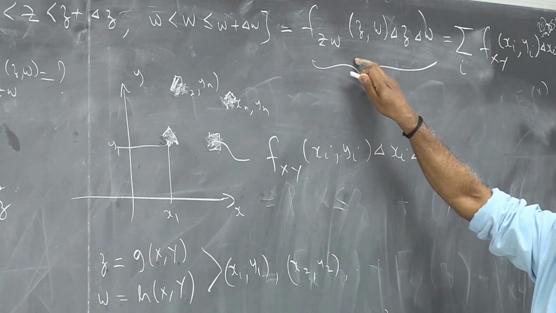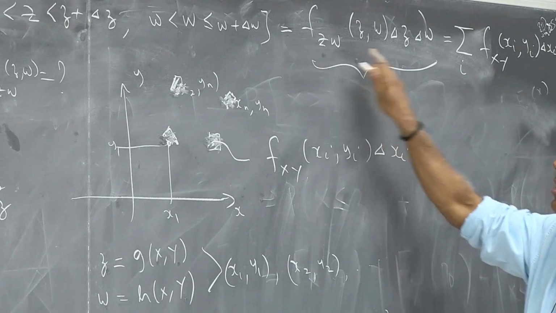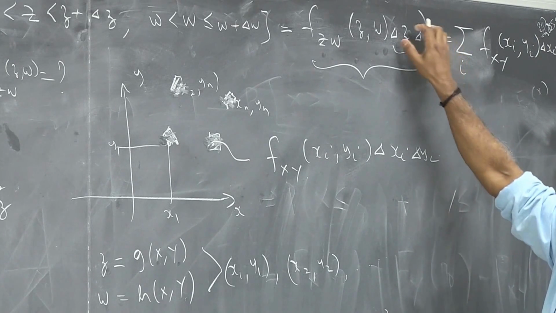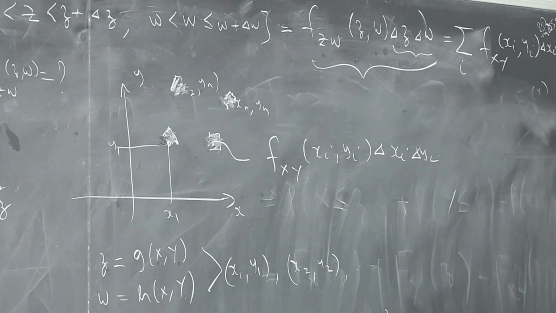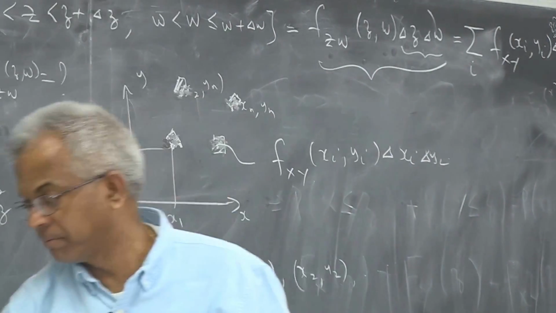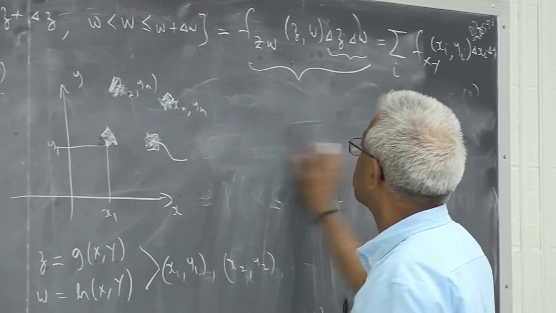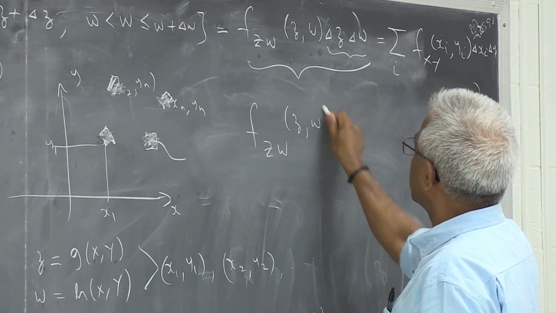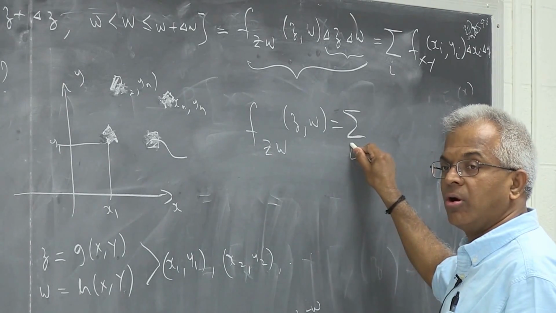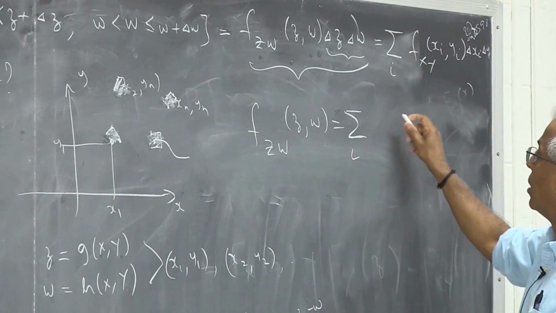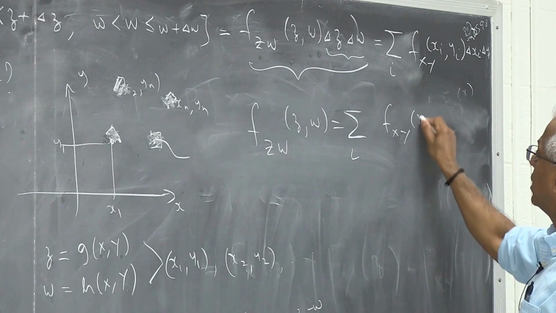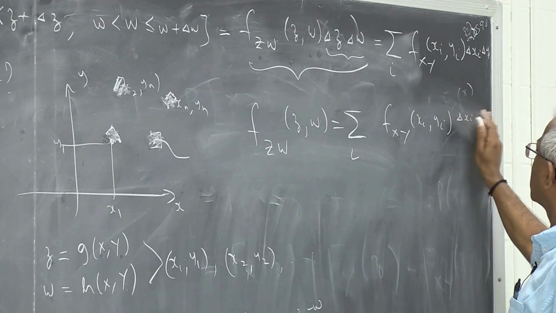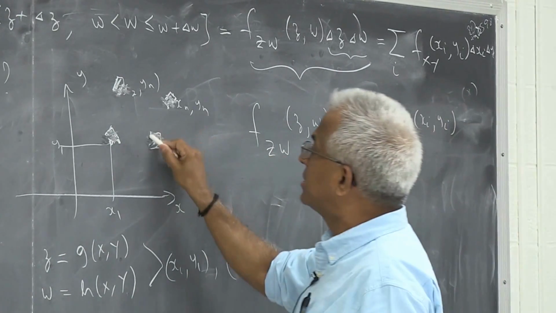So we are almost there. What we are looking for is this density function. So you bring in this infinitesimal area and put it underneath this. So from here you get f_CW(C, W) is the summation over all solutions of f_XY(xi, yi) times delta xi delta yi, or more importantly, this may not be delta xi delta yi.